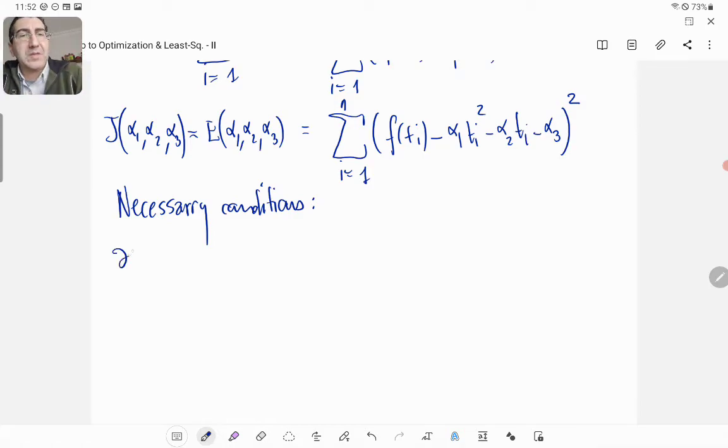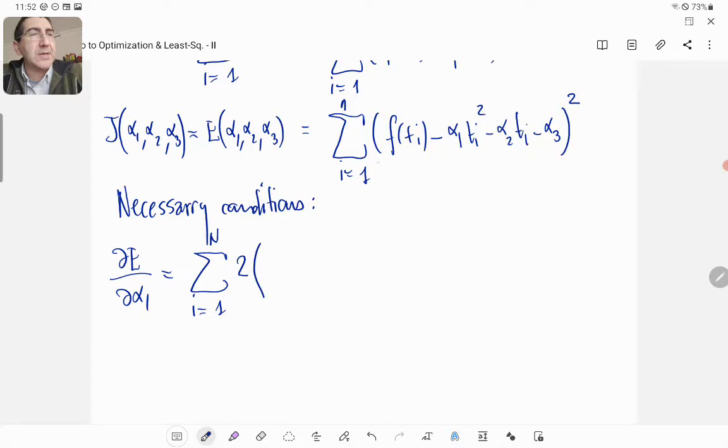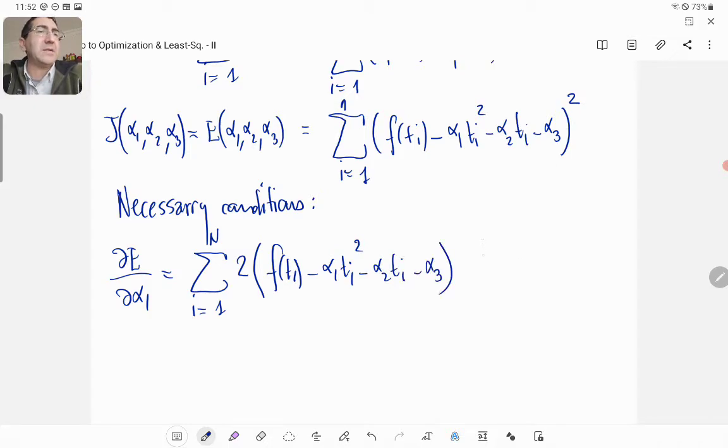So dE over d alpha 1 of this function: the summation over i equals 1 to n of 2 times the entire expression, f of ti minus alpha 1 ti squared minus alpha 2 ti minus alpha 3, times the derivative with respect to alpha 1.